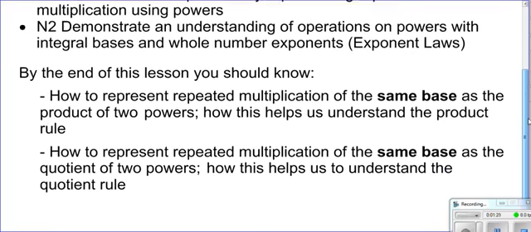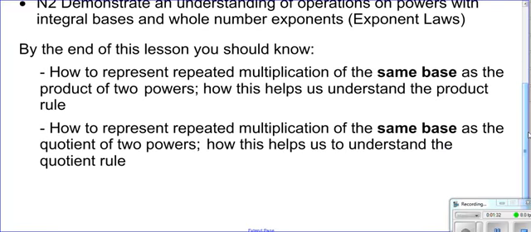By the end of this lesson, when you have repeated multiplication of the same base being multiplied, we should be able to use repeated multiplication to help write it as a single power, and that's going to show us the product rule. We're also going to look at using repeated multiplication of the same base and using division to help prove and show what the quotient rule is.